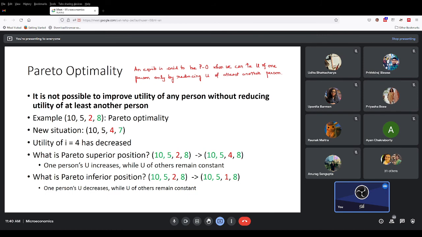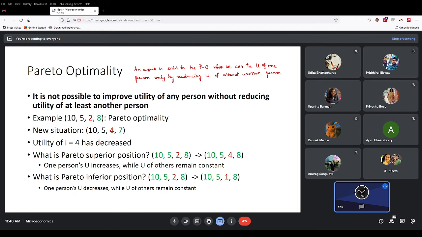Look at this case. 10, 10. Is the first person gaining? No. 5, 5. No, sir. 2, 4. He's gaining.